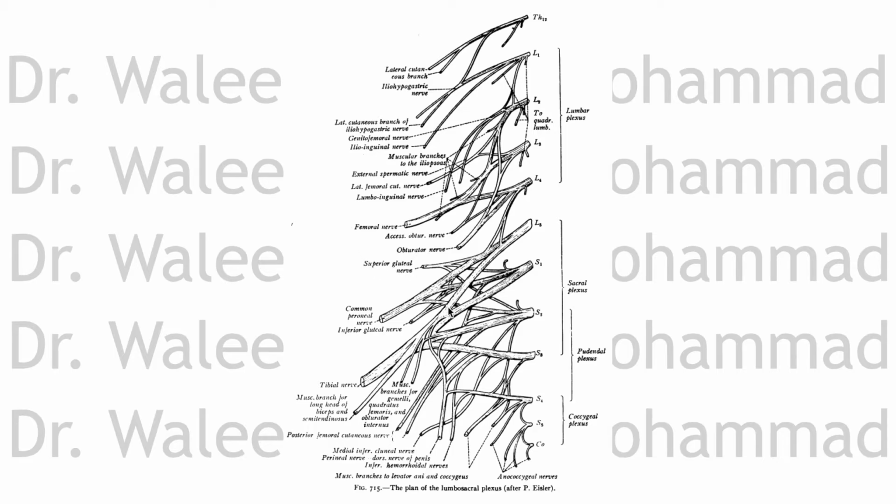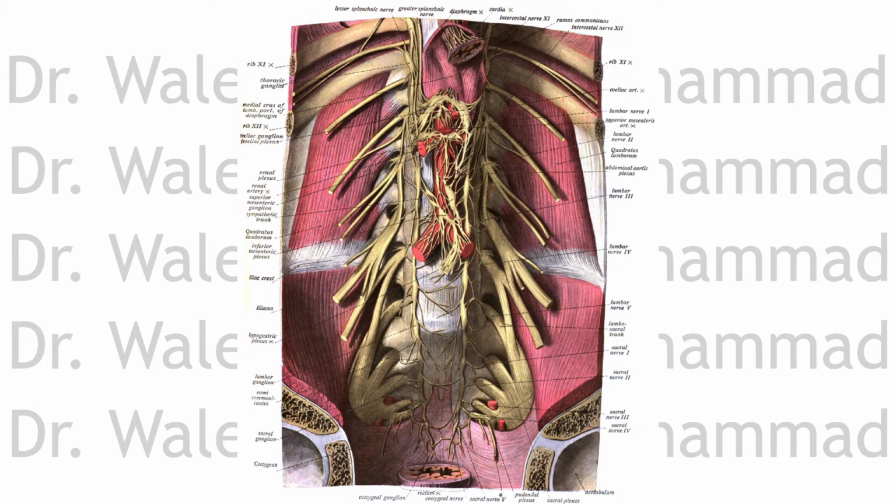So the plexuses save space in the spinal cord, as well as achieving harmony in the actions of the corresponding muscles. This is also a picture of the lumbosacral plexus in situ.